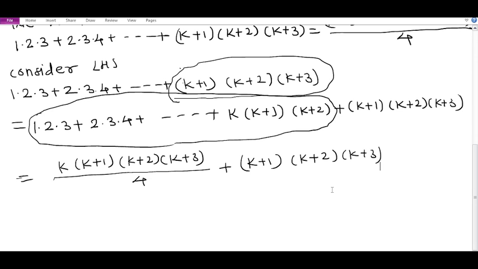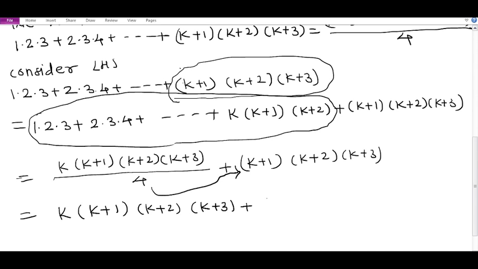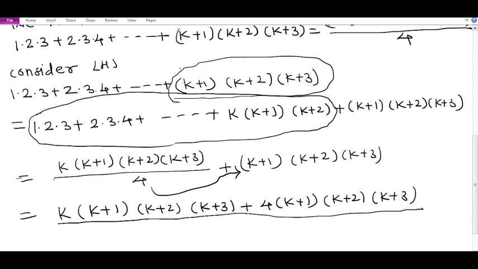If you simplify this, multiply the 4 to this side so the denominator becomes the same. This will be equal to k into k plus 1, k plus 2, k plus 3 plus 4 times k plus 1, k plus 2, k plus 3, and this whole term is divided by 4.